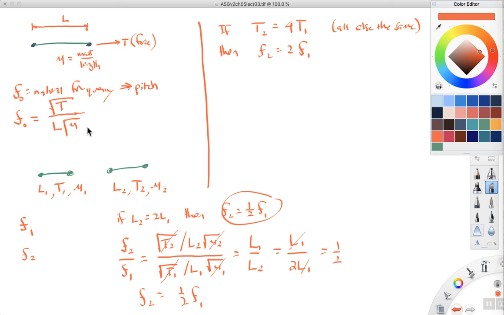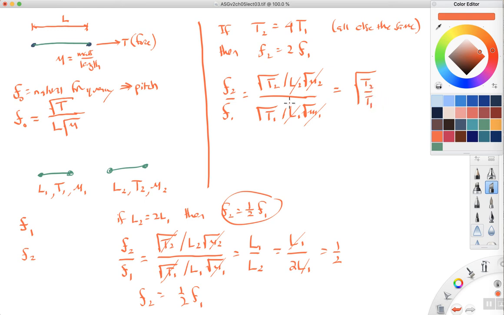Does this work using this formula? Let's find the ratio F2 to F1. Again, T2 over L2 mu 2 and T1 over L1 mu 1. We're keeping the mass per unit length the same, so those two cancel out. The lengths we keep the same, those two cancel, and we're left with the square root of T2 over T1.